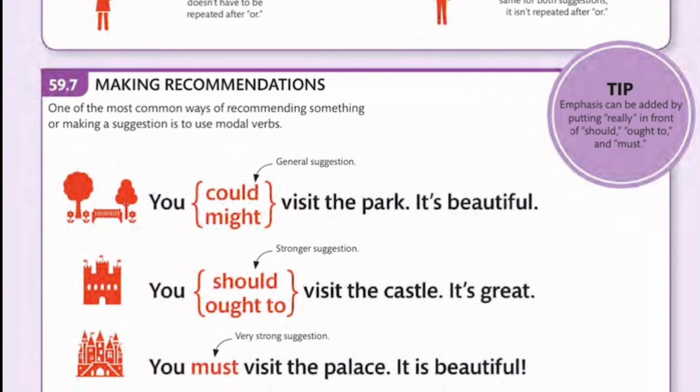You should or you ought to visit the park is like saying 70%, while you must visit the park is like 90 or 100%. So take note of that. Emphasis can be added by putting really in front of you should, ought to, and must.